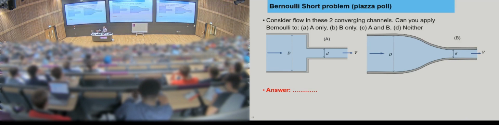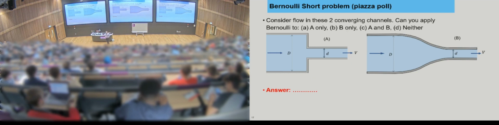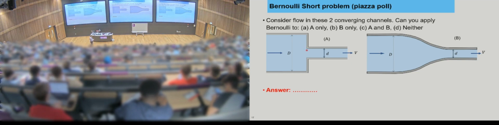All right, so we're going to do a Piazza poll. I want you to consider these 2 situations. So you've got flow in 2 converging channels. Okay, in the left-hand example, you've got flow through this sudden constriction.